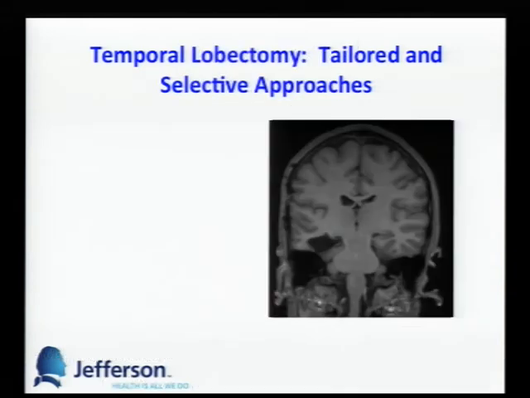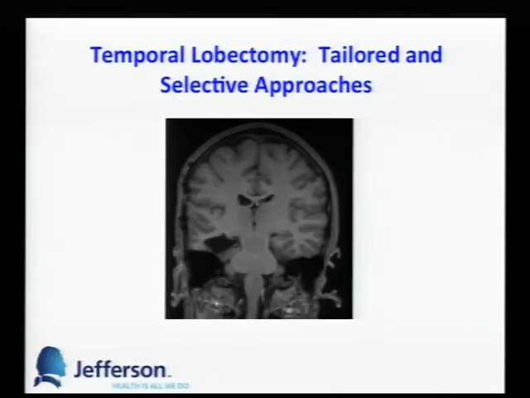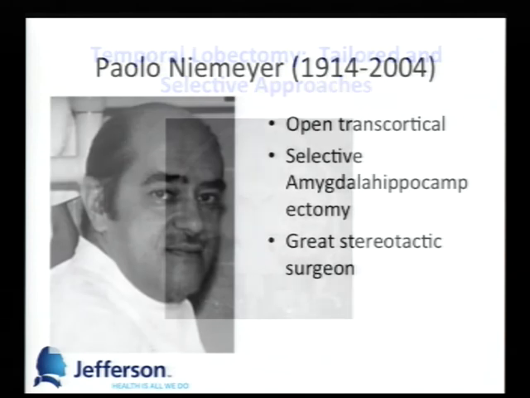And that's how people got into doing selective anterior temporal lobectomy. Spare a lot of superior temporal gyrus, try to spare the entorhinal cortex whenever you can, because these are all structures that are involved in memory. So surgeons have been going for 50 years towards this less invasive approach.